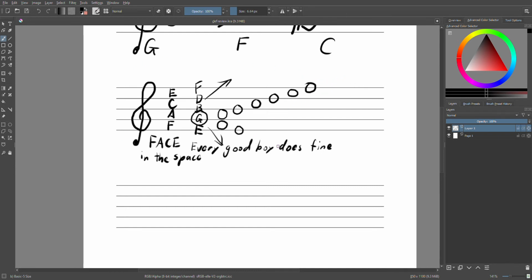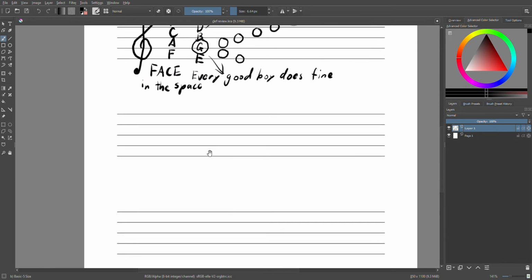We're just going to do what's on the staff, the lines and the spaces. So that's two ways you can figure out the notes on the treble clef. This way only works on the treble clef for these specific acronyms. This way works with every single clef the same way.